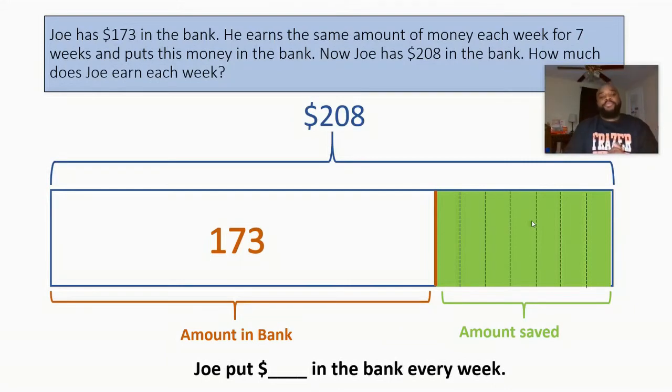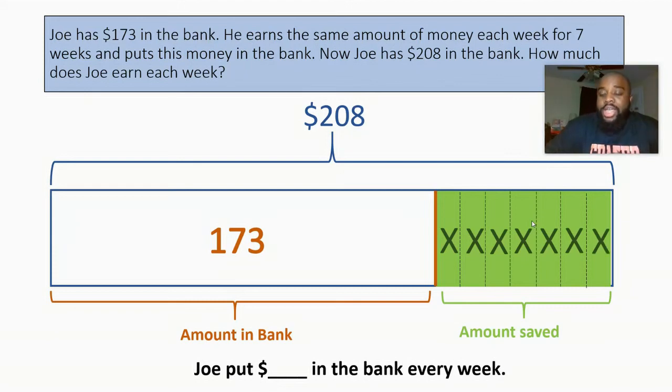All right, welcome back. So hopefully you found your answer. So if we take 208 and subtract 173 from it, we should get 35, right? And we took that 7 weeks because we know that each week he earned X amount of money, right?